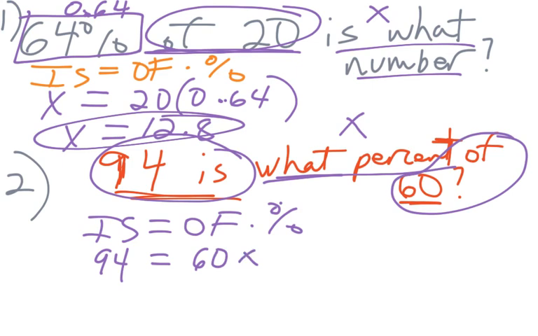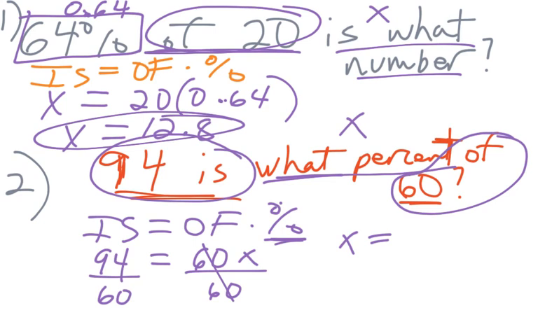And now we simply solve that one-step equation. Divide both sides by 60. But remember, you actually found the decimal right there, okay? So when we're using this equation, this value that you find is the decimal, or you use the decimal when you use the equation, right? So using your calculator, divide 94 by 60.